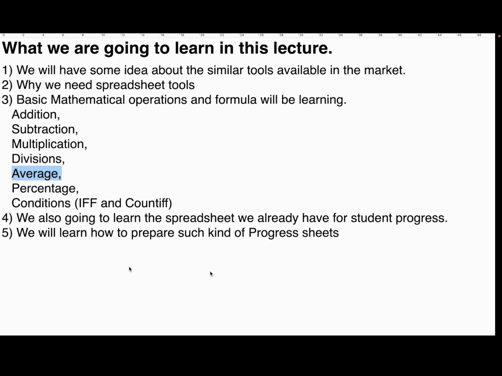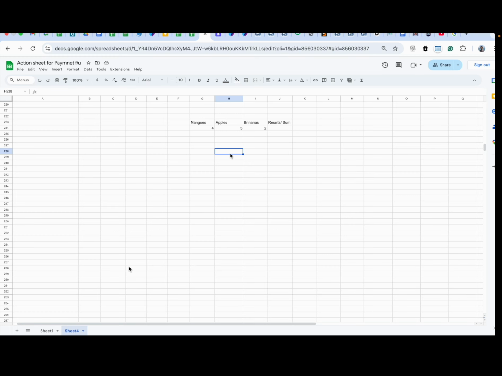In our school days we just put some numbers in our notebook like 2 plus 3 plus 4, and all these numbers are divided by 3. This is the usual way to find the average. But how are we going to do this in our spreadsheet?